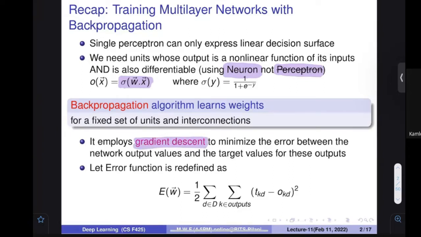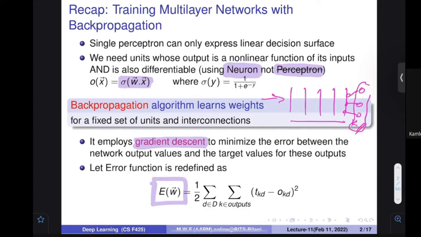The error that we have seen in the last class can be defined by this particular formula. Our understanding is that we keep things in layers, and at the last layer there are k outputs. For any given input, we want to see how bad each of these outputs is, so there comes a summation term.